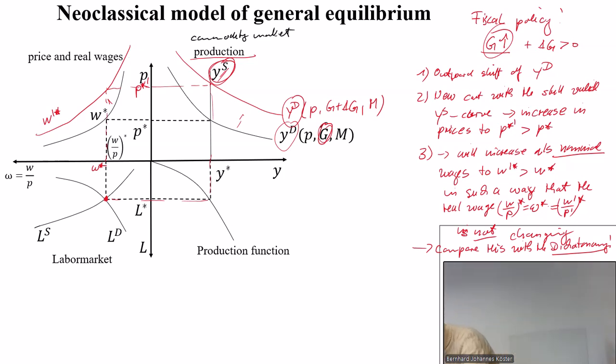Okay, and then let's do also monetary policy. If m goes upward, so plus delta m, what happens? Again, we have to identify the curve where we find m.